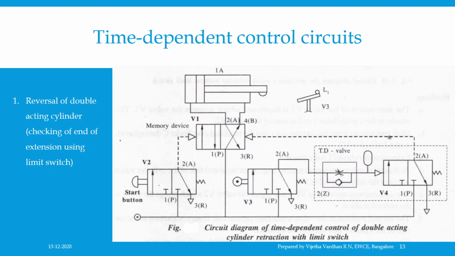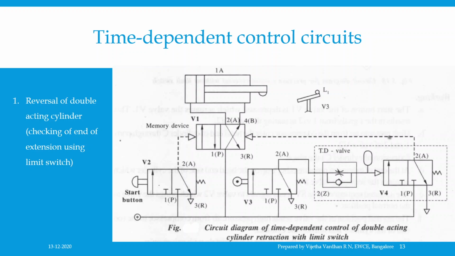Depending on the time set, the time delay valve operates the 3 by 2 DC valve, that is the direction control valve of the time delay valve, which allows high pressure air from ports P and A to return the valve V1 to the normal position. In the normal position of the V1, the ports P and B as well as A and R are connected, resulting in retraction of the cylinder.